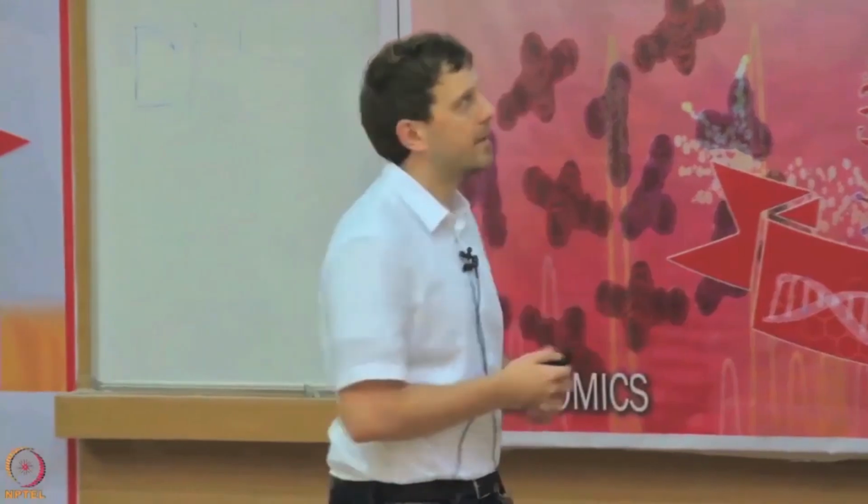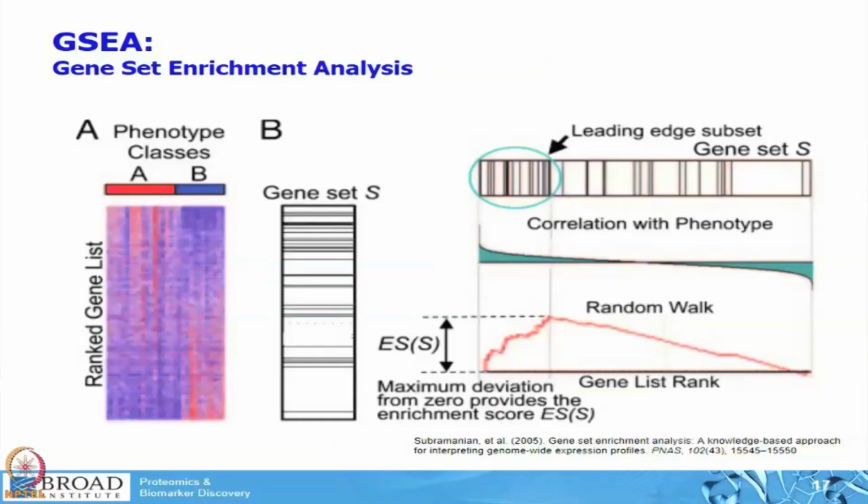We've seen this kind of data format a couple of times in our workshop. You measure features, in this case genes, in your rows, and you measure these features across a set of samples. You always want to compare at least two phenotypes, two conditions. In this case it's phenotype A and phenotype B. Let's say one is tumor, one is normal.